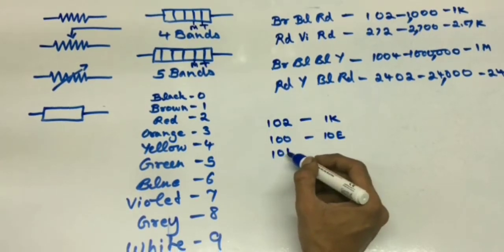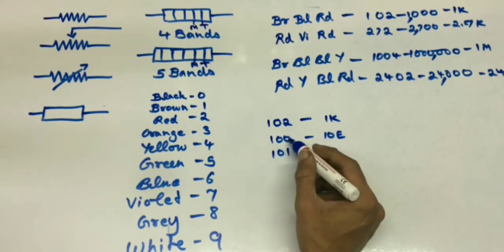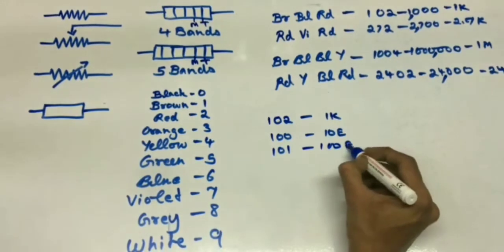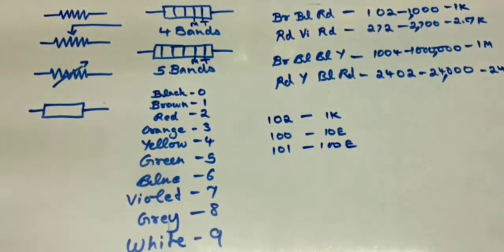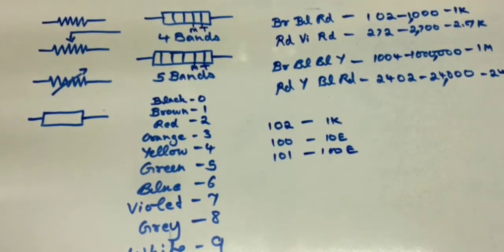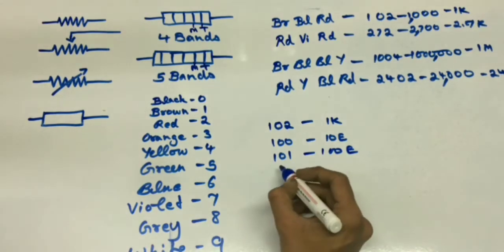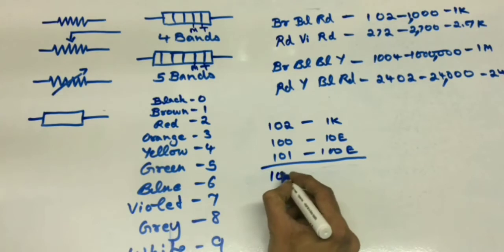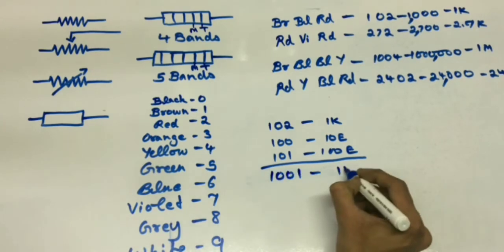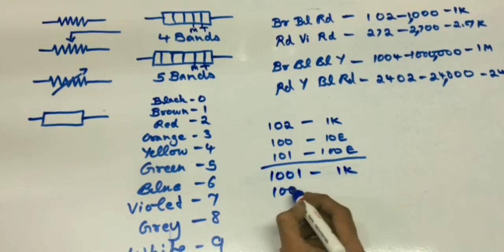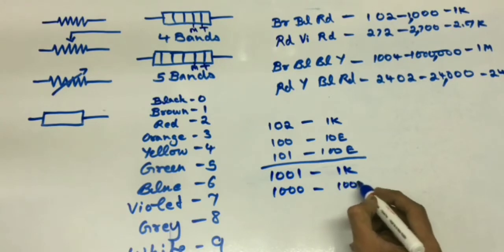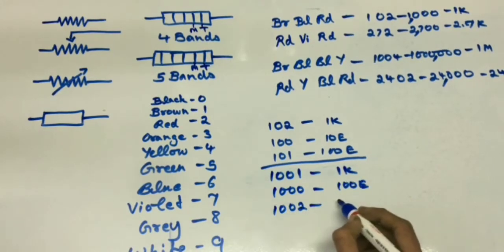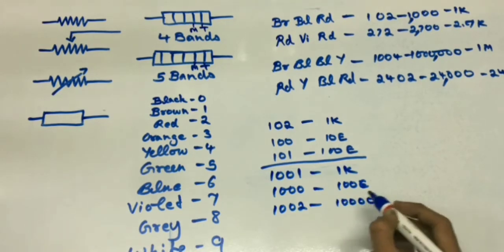And if it is 4 digits, if it is 1001, it will be 1 kilo ohms. If it is 1000, it will be 100 ohms. If it is 1002, it will be 10000. That is 10K.